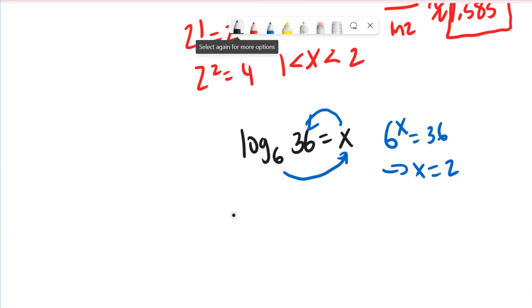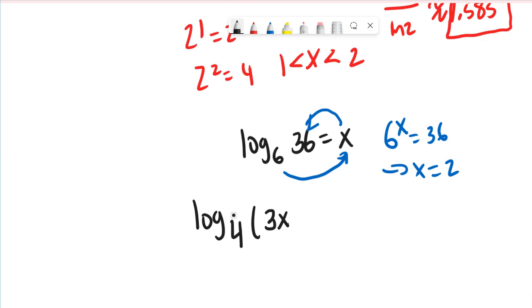What if you had an equation such as log base 4 of, let's say, 3x minus 2, and that's equal to 1.